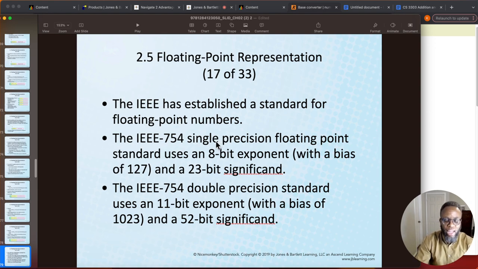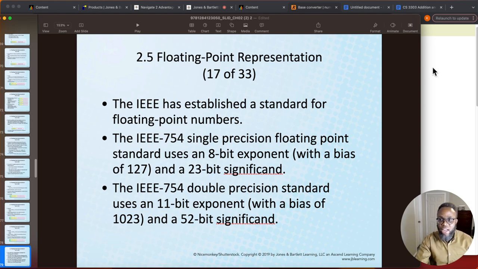So instead of 5 bits as the exponent, IEEE's model says there's an 8-bit exponent and a 23-bit significand with a bias of 127. Now, this concept of bias is something I have prepared a video on, but the bias just gives you a range of possible numbers and where your 0 will be. So a bias just says that your exponent may go from negative 128 to 128, with 0 as the middle point.